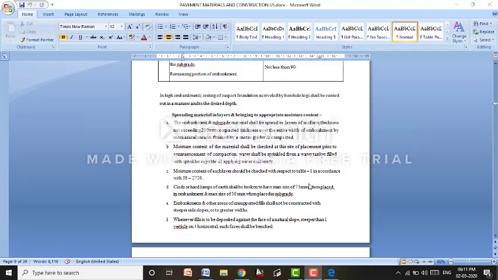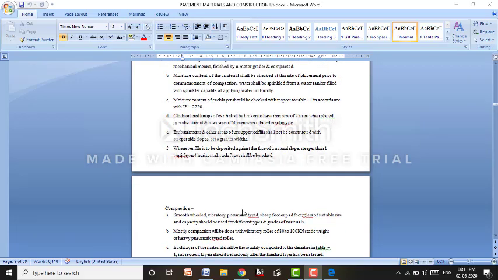So that will help to achieve the required level, and then compaction is done by different modes. Moisture content of the materials shall be checked at the site of placement prior to the commencement of compaction. These are different procedures involved, just to go through that.